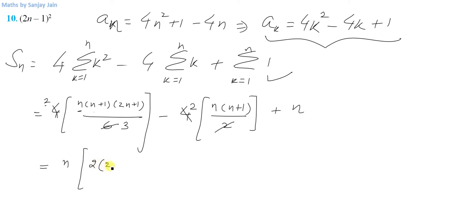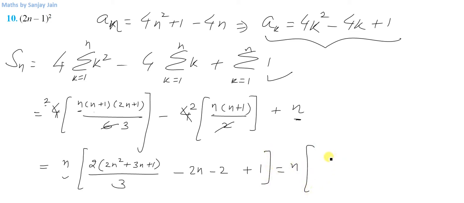So 2 into 2n squared plus 3n plus 1 will come here, and in the denominator I have 3. Then minus, n I have taken outside, right? So we can simply write it as minus 2n minus 2, plus, and this is gone outside, so I'll have plus 1 here.